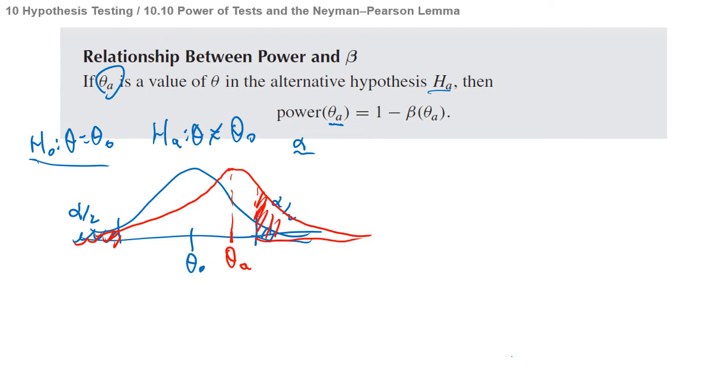Actually, the area here is 1 minus this green area, and this green area is beta.